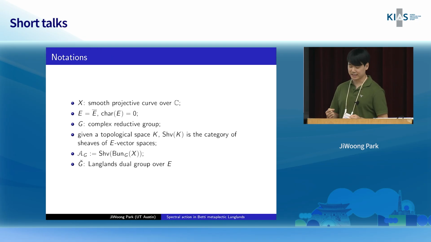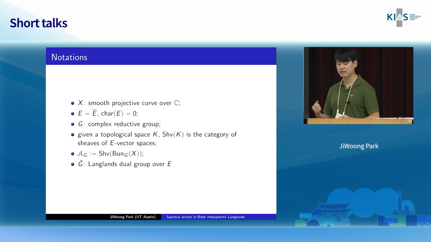Let me set some notation. X is a smooth projective curve over C, and sometimes we will conflate it with the underlying topological space of it. Let E be an algebraically closed field of characteristic 0, and G is a complex reductive group. And given a topological space, say K, we let Sheaf(K) be the category of sheaves of E-vector spaces.